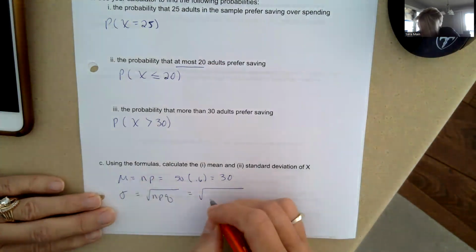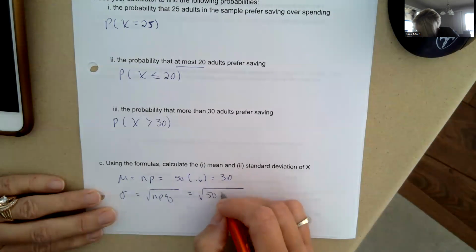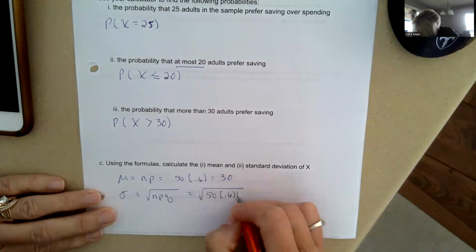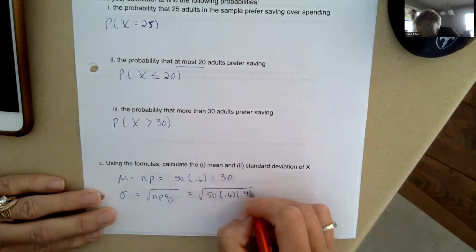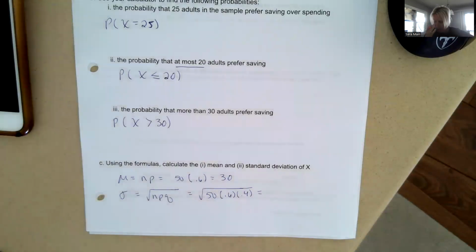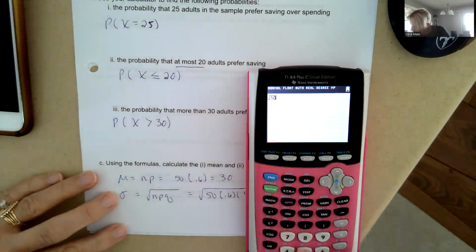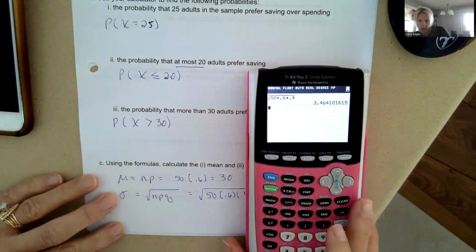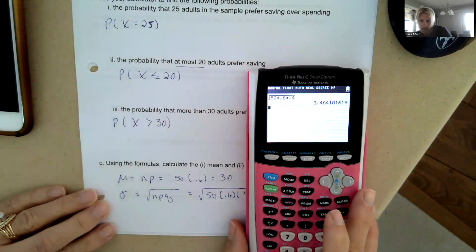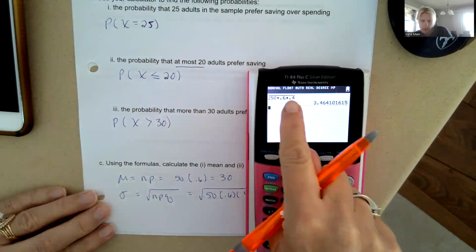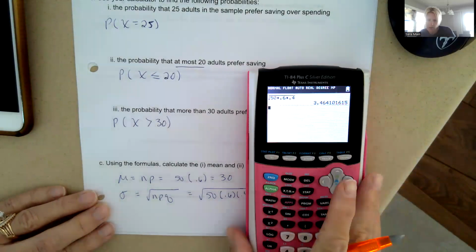So that is the square root of 50 times 0.6 times q, which is 0.4. And we can show you that here, the standard deviation is 3.46.